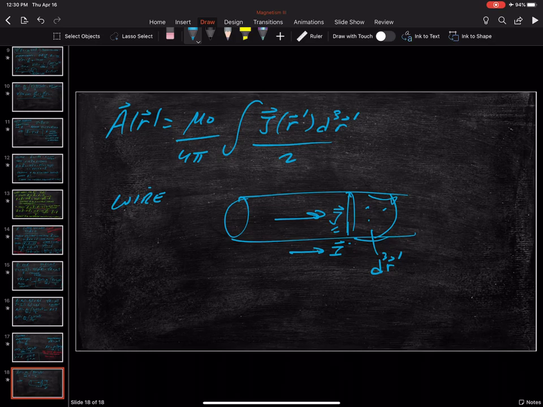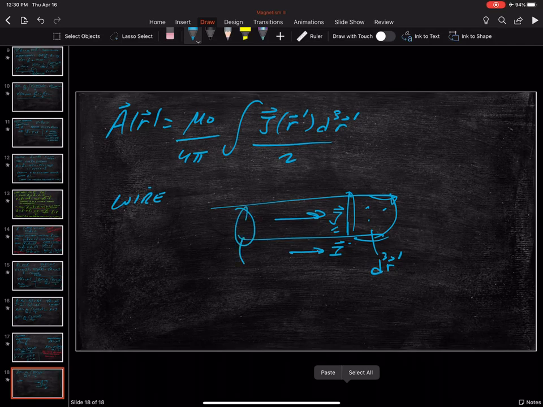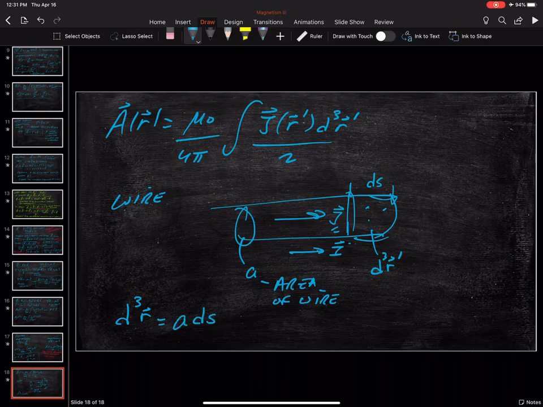Notice, if the area of this thing is, let's say, little a, I don't want to use big A because I'm using that already, of wire, then if the length of this thing is, say, ds, then I can write that my d3R is equal to a times ds. It's just the area of this thing times the thickness.